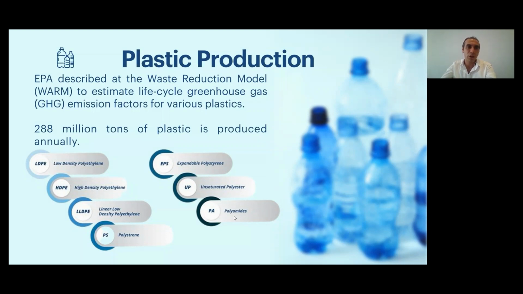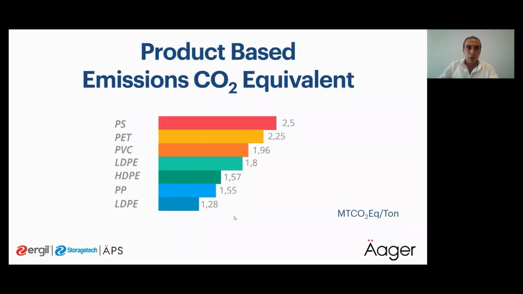In plastic production, EPA described the waste reduction model. It's called WARM, to estimate life cycle greenhouse gas emission factors for some plastics. These are LDPE, HDPE, polystyrenes, polyamides, those kinds of things. 288 million tons of plastic is produced all around the world, and while producing these products, we are emitting carbon dioxide.